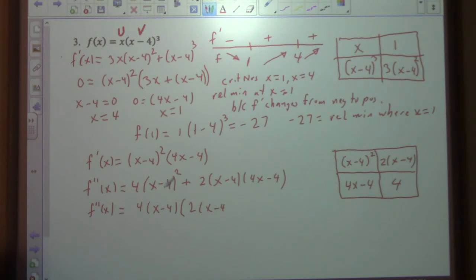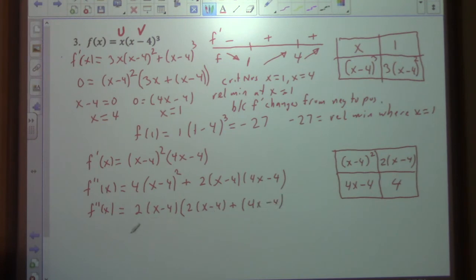And so we factored out this x minus 4. What 2 is going to be factored out of that? That's right. Yeah, thanks. So here we're going to have 2 left over, 2 times (x minus 4). And then plus, we factored out this, so we're going to have 4x minus 4.